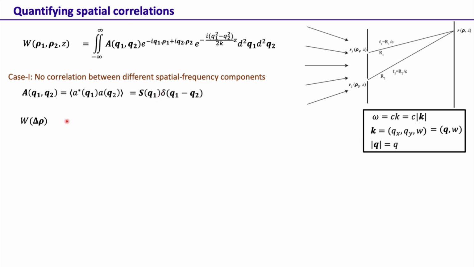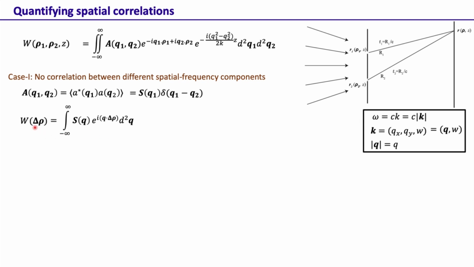And just like in time, as we discussed last time as well, in this case the cross-spectral density function W(rho 1, rho 2, z), because of this constraint, has to depend only on delta rho, the difference in the spatial coordinate, and this side then becomes the integral of S(q) e to the i q dot delta rho d²q. So this is a nice Fourier transform relationship, and this is called the Wiener-Khinchin theorem.